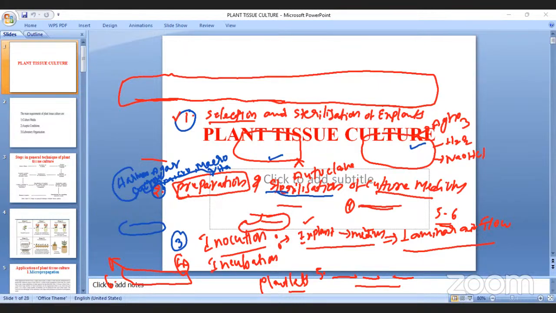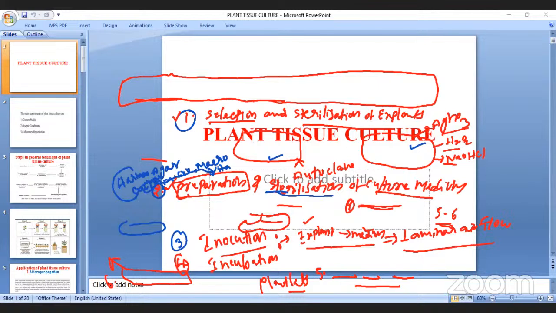The suitable explant is selected from the donor plant and properly trimmed. Next, sterilization of the explant. I already told you the explant sterilization: silver nitrate, H2O, NaOCl. So that is the first one.